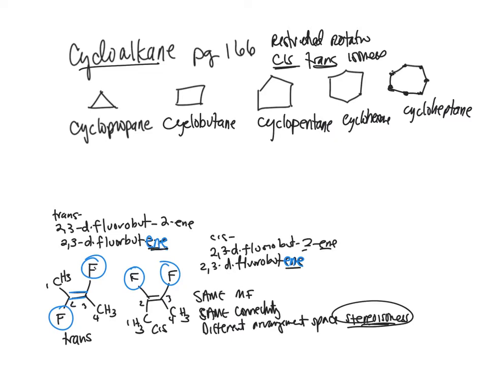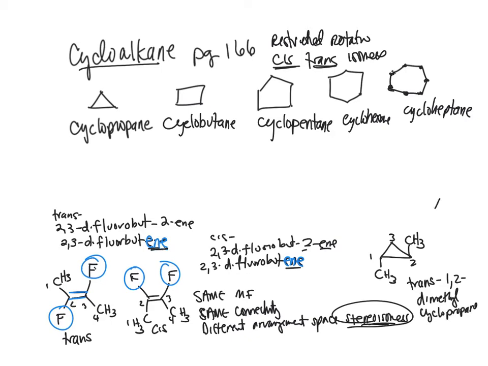Okay, so an example real quick before we leave the cis-trans. So if you have a CH3 here and a CH3 there, what would this be? 1, 2, 3. This would be called trans-1,2-dimethylcyclopropane.